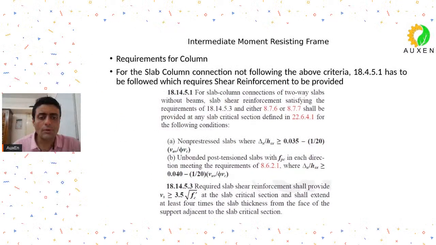But there are two ways to provide shear reinforcements in punching. One is to provide the sawtooth reinforcement, and the other is to provide a beam-like reinforcement arrangement. You provide that for this type of drift ratio. Can you see the drift ratio given to you? If your drift ratio is such, then you have to provide shear reinforcements.